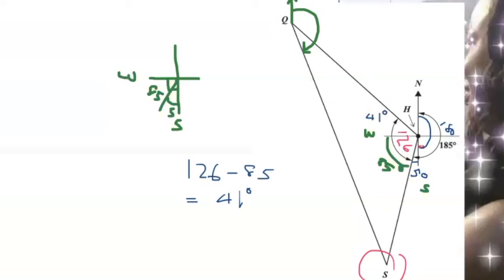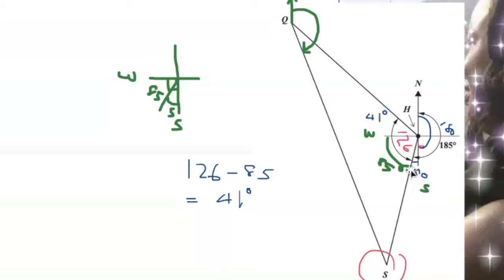Let me repeat. We already established that from the north to the south pole is 180. And since we have on the diagram that from the north pole going straight to this line that I have here is 185, it means this small portion is 5 degrees. Also, we know that the west and the south form 90 degrees.